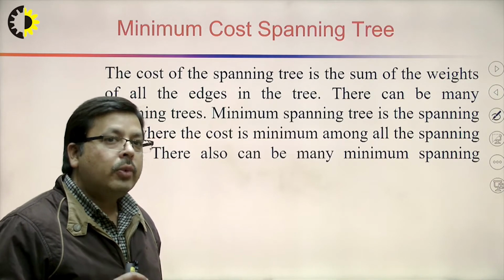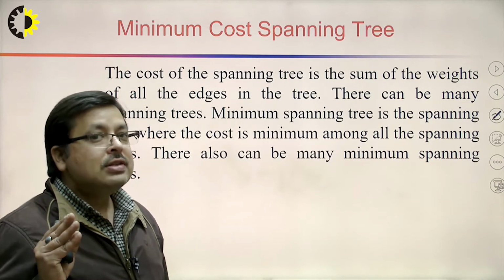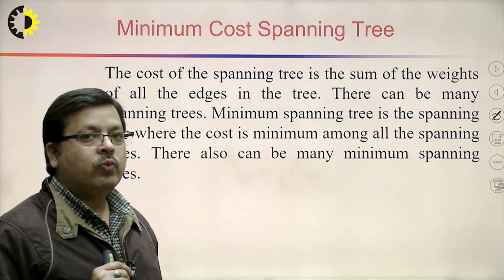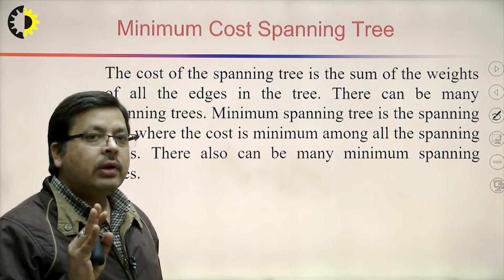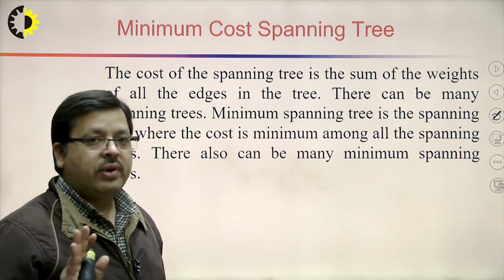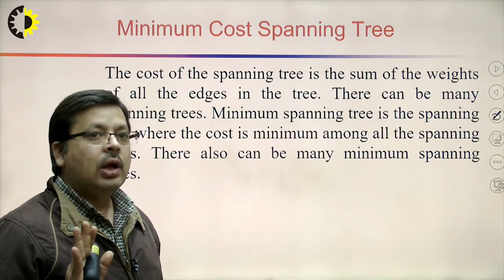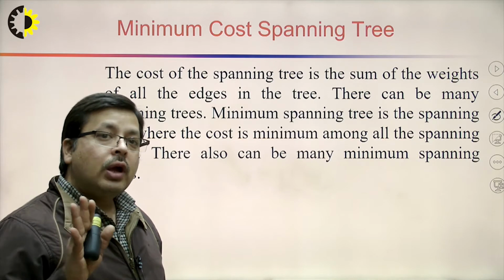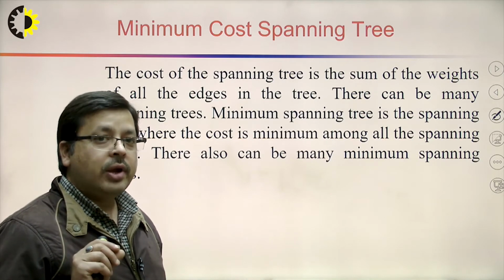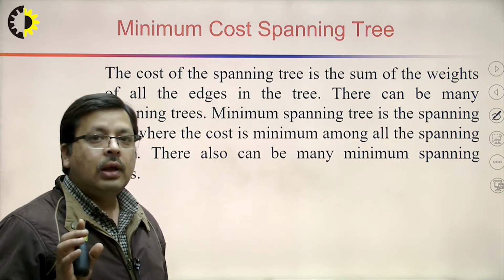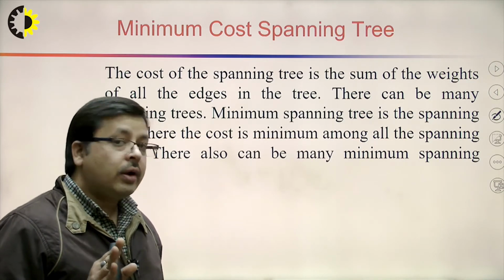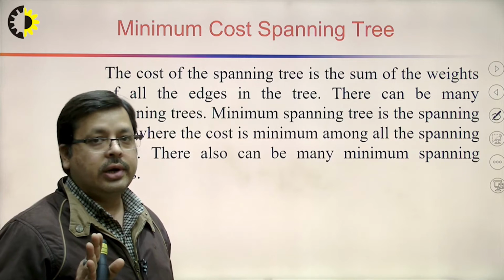Now we come to the problem: what is the minimum cost spanning tree, right? As we know, there may be various spanning trees of a graph. Now how do we come to know which is the minimum cost spanning tree? The cost of the spanning tree is the sum of the weights of all the edges in the tree.